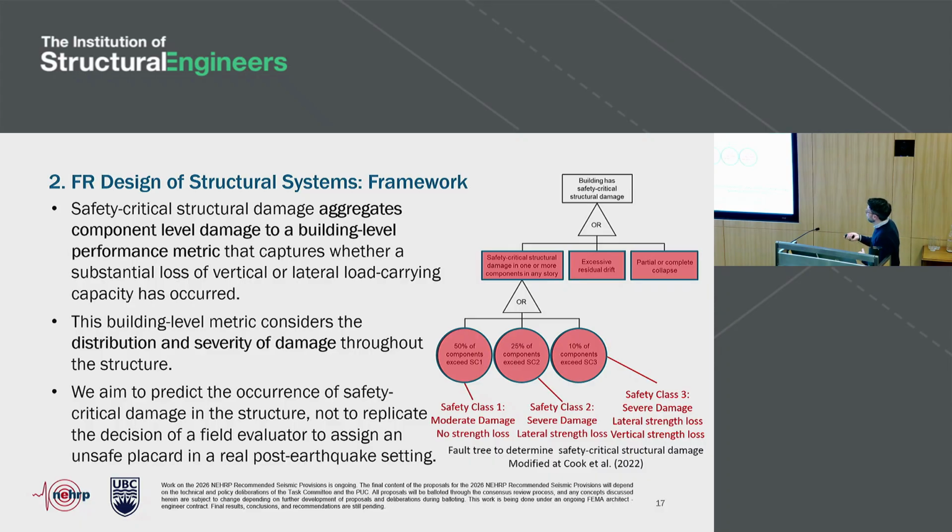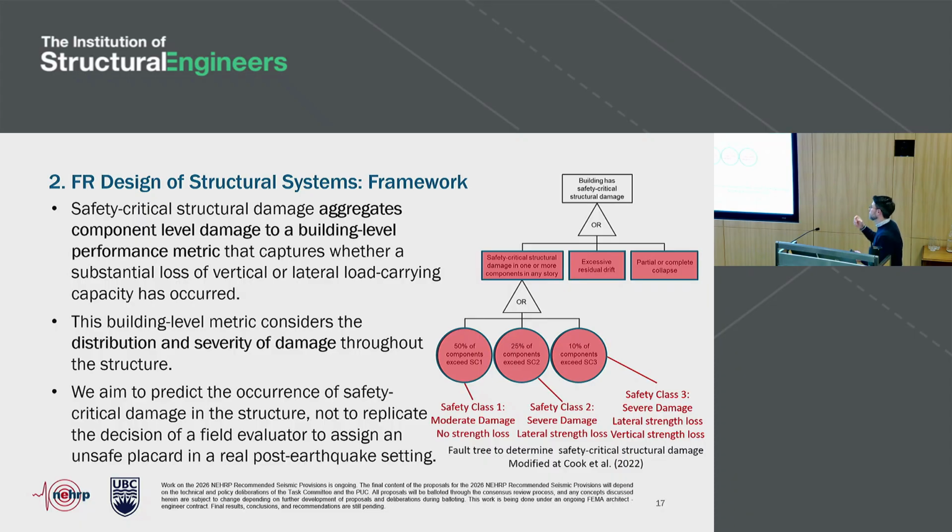And one quick note here, my last point, is to recognize that we're calling this safety critical structural damage, and maybe as I'm describing it, you're thinking that this is equivalent to an unsafe placard, and it has a lot of parallels, right? But we didn't want to use that term because in our analysis, we're only looking at damage to the structure. Whereas in reality, if you go out to the field after an earthquake and you're doing post-earthquake safety evaluations, before giving a building a red, a yellow, or a green tag, you're thinking about more than the structure, right?